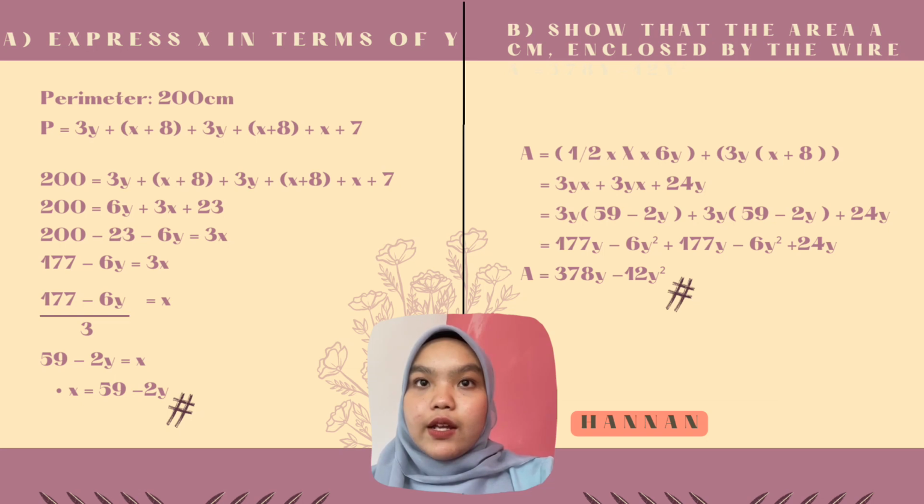Now we will continue with the question B. It says that show that the area enclosed by the wire, area equals to 378y minus 12y power of 2. So if we want to get the area, we need to add both shapes of the area.